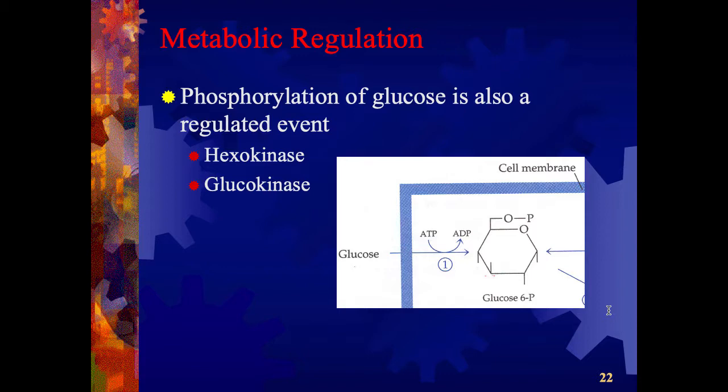Hexokinase has a low Km. Which means GLUT4 and hexokinase work efficiently at low glucose concentrations. And we'll have fun with the Km curve next time.